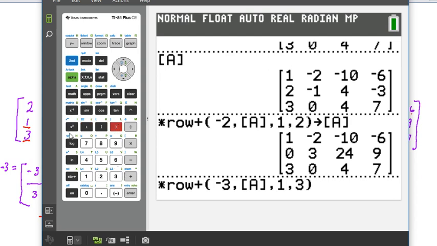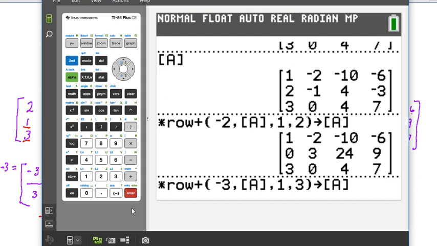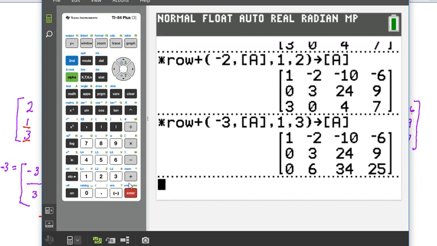And we want to again store that in matrix A. And there we go. We now have got our 0 down here.